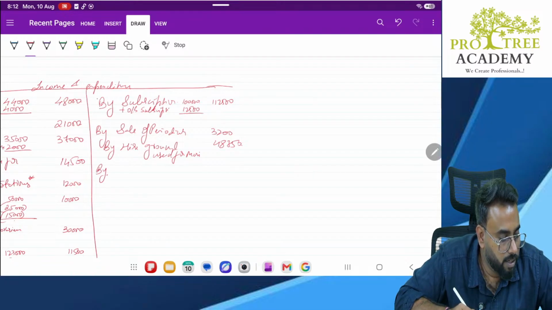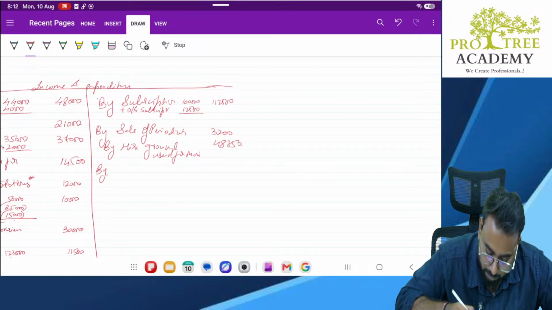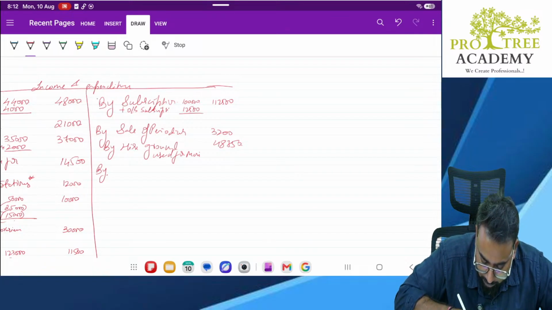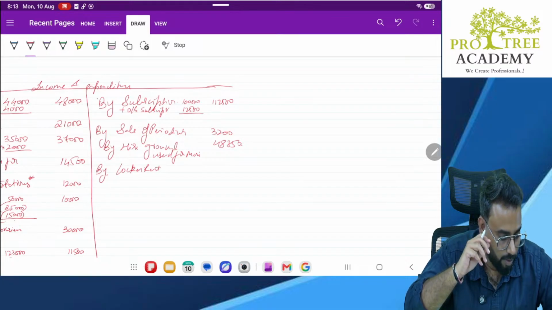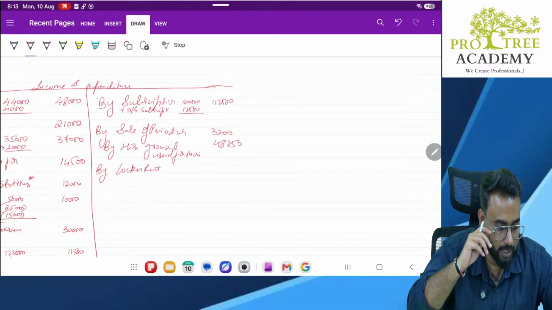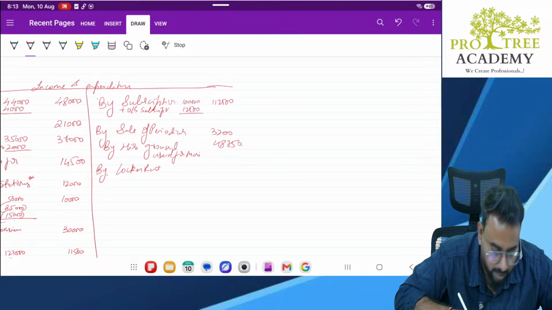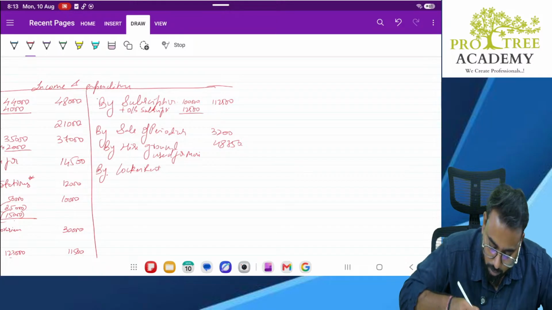Next, the donation for sports fund will not come. Locker rent will come. By locker rent. But there is an adjustment. Adjustment is there? Yes, sir. What is the adjustment? We'll see. How much is received? Locker rent, sir, we have received 17,050. Okay.